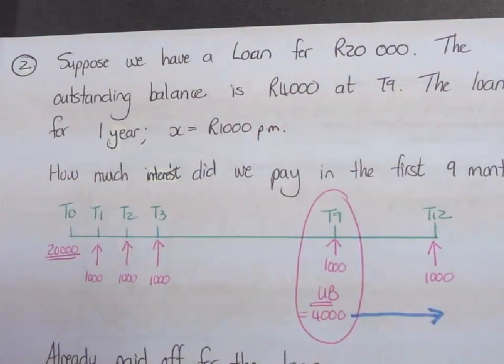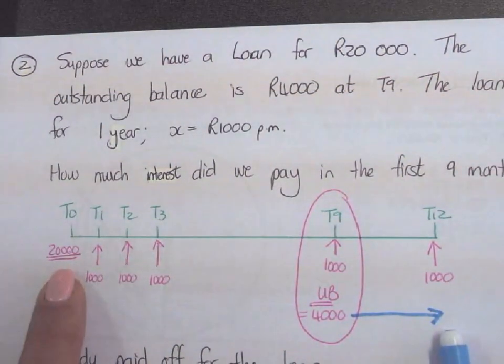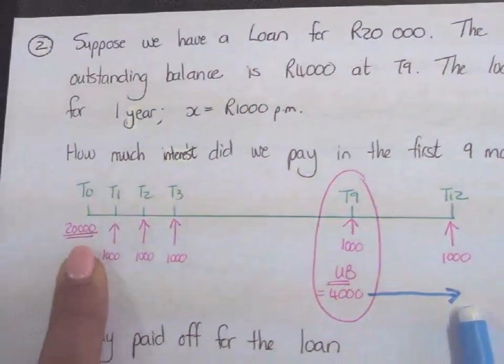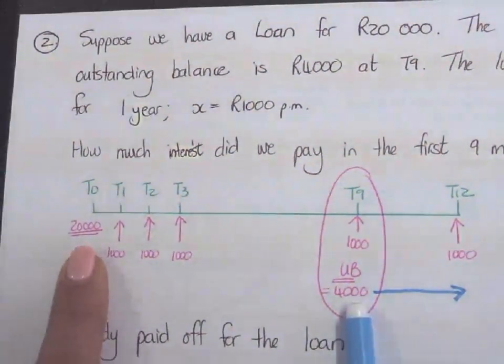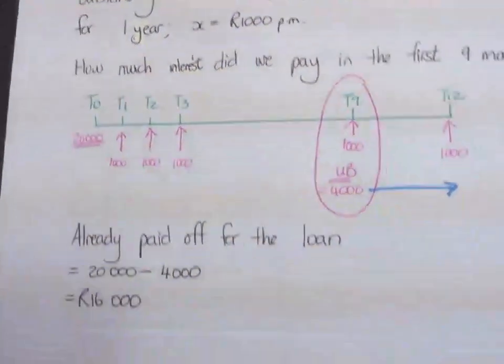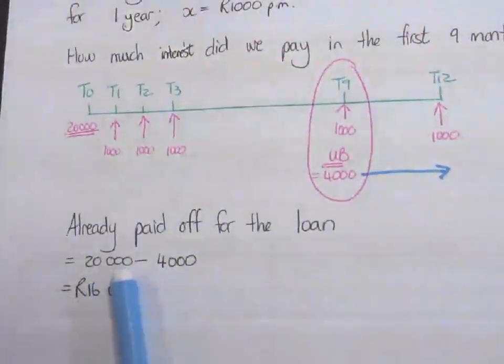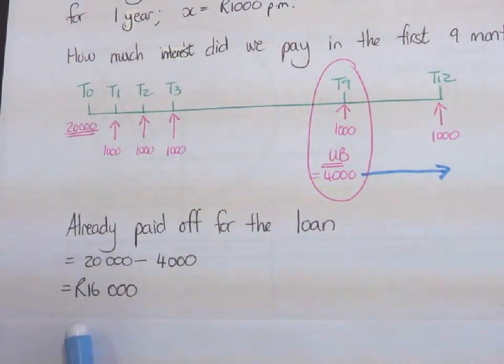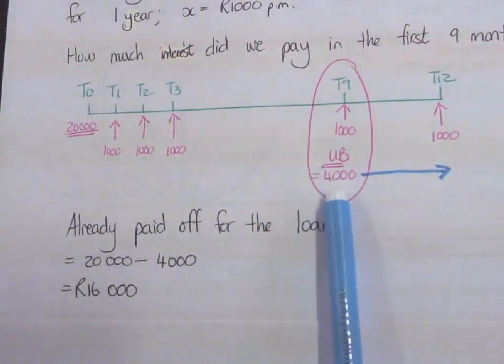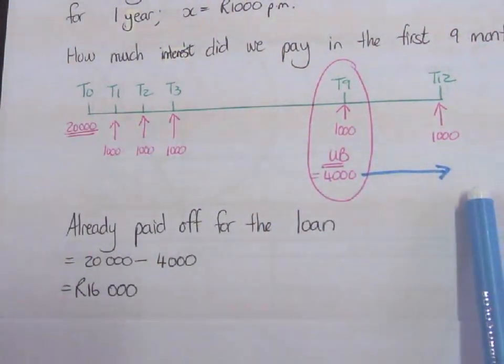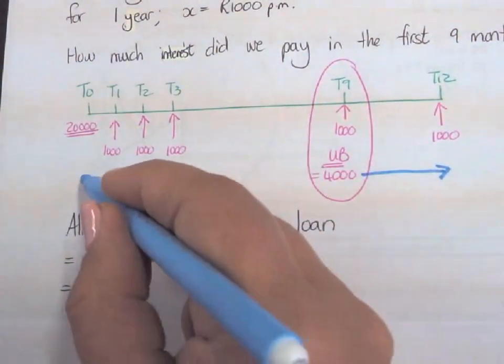Don't we get the details, like the whole payment? And that's 20, and we subtract 4,000. And then we use that, we get I. No? Okay, first we do what you say. We calculate what was already paid off from the loan. So we already paid 16,000. That makes sense if we still owe 4,000. So 16,000 was paid here.